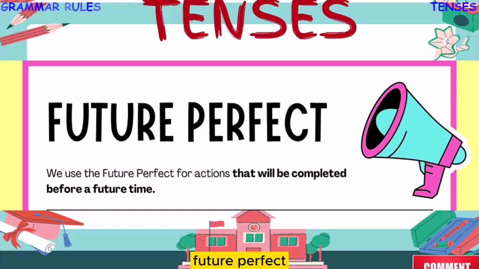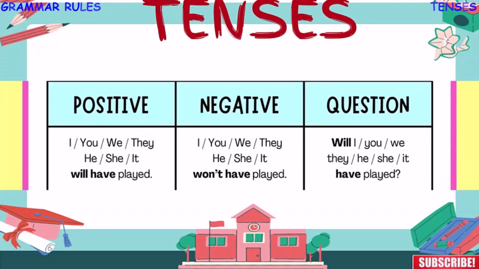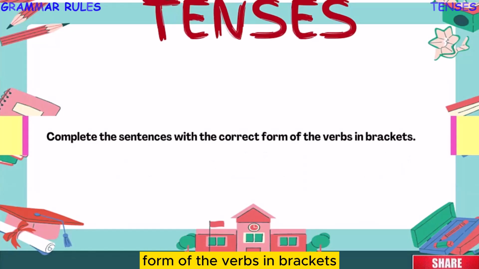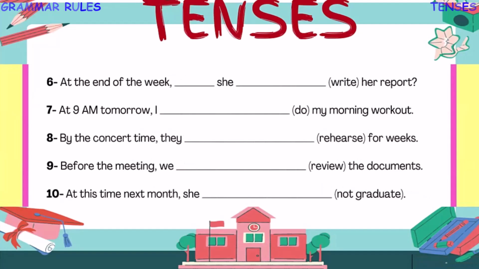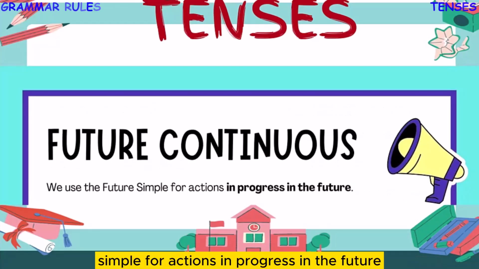Future perfect. We use the future perfect for actions that will be completed before a future time. Complete the sentences with the correct form of the verbs in brackets. Future continuous. We use the future continuous for actions in progress in the future.